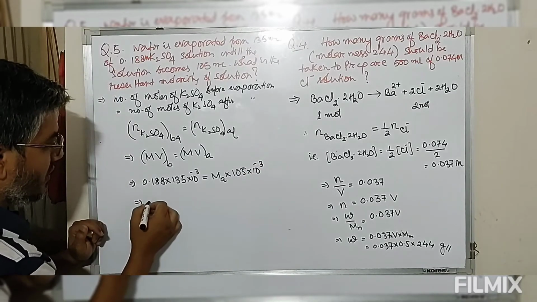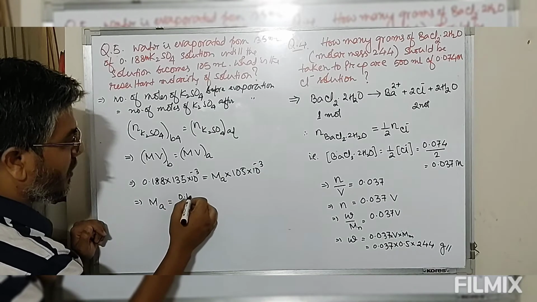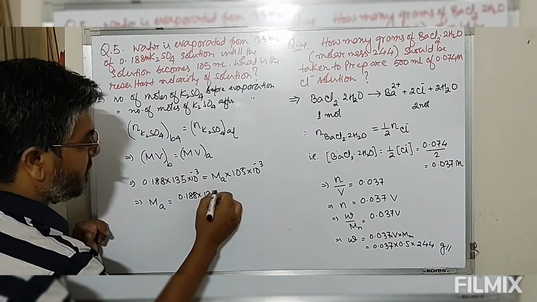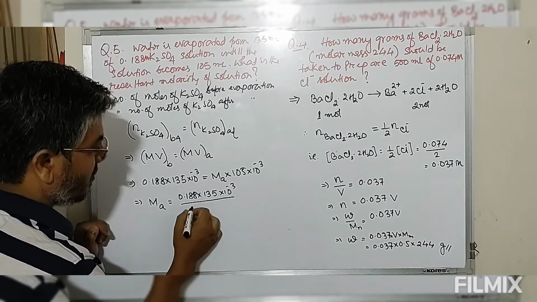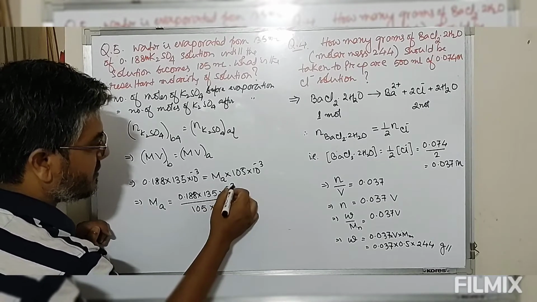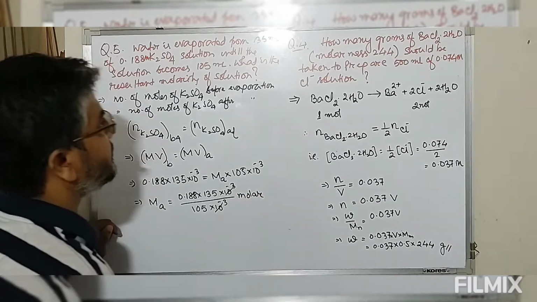So therefore the molarity of the solution after evaporation is 0.188 into 135 into 10 to the power -3 divided by 105 into 10 to the power -3. So this cancels. So this is the final concentration after evaporation.